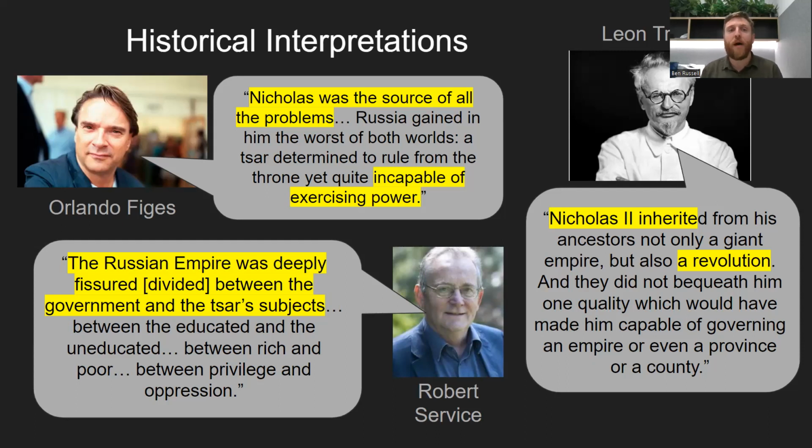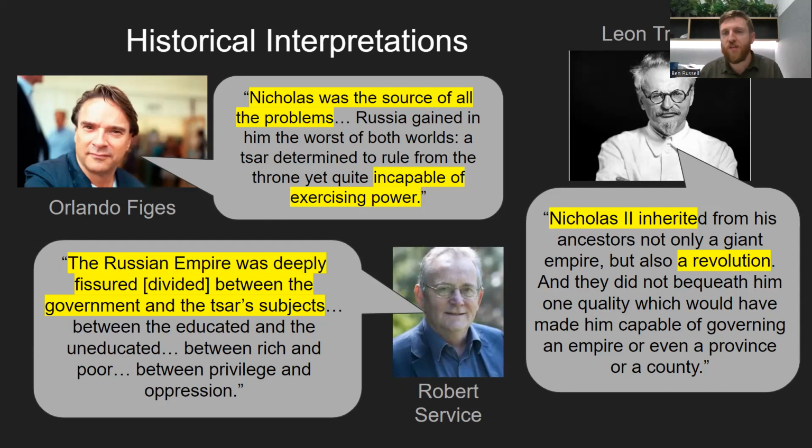So the empire already was incredibly divided, and there was a chance for it to become quite explosive between these groups. And Trotsky, a key revolutionary and a key figure in Unit 3, on the causes and consequences of the revolution, later wrote a history of the Russian Revolution, so he can be included in historical interpretations.